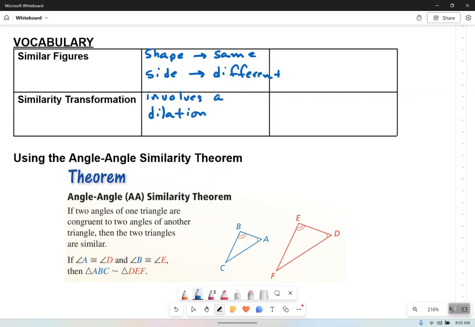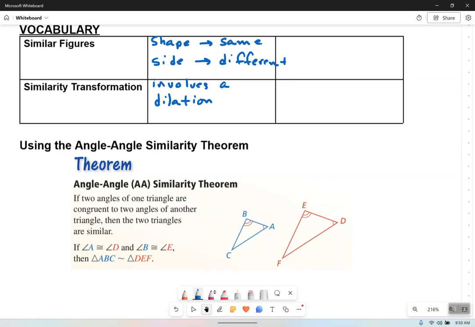It's just going to make it bigger or smaller. It's typically an enlargement or a reduction. It might include some other form of transformation or rigid motion prior to that dilation or after it, but nonetheless, figures are going to be similar.